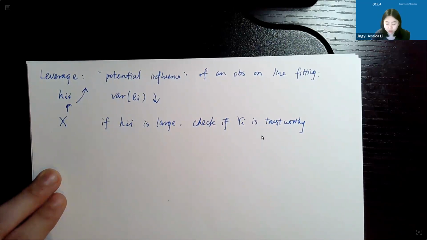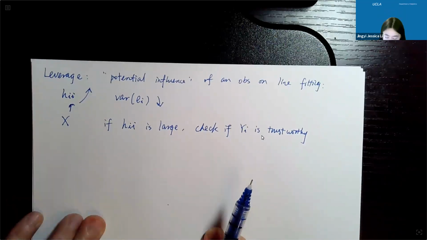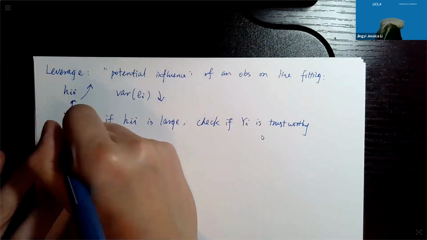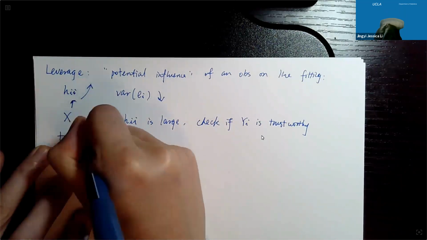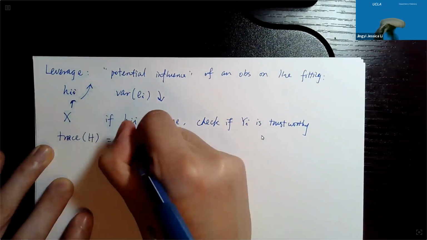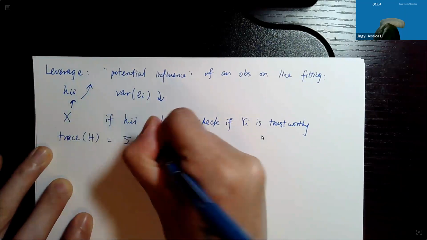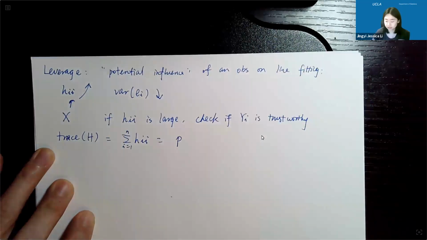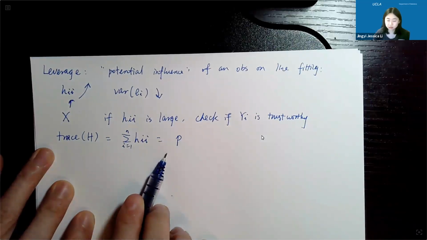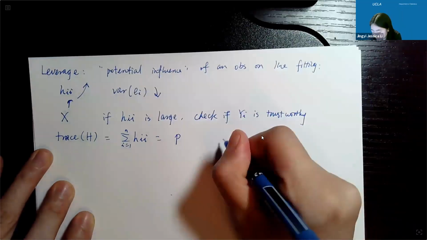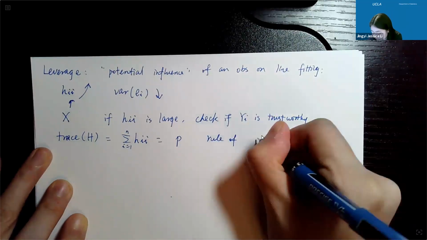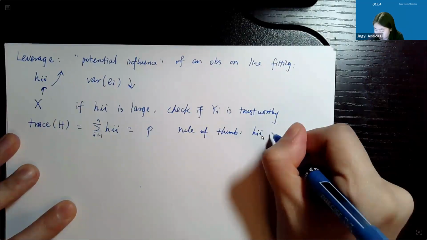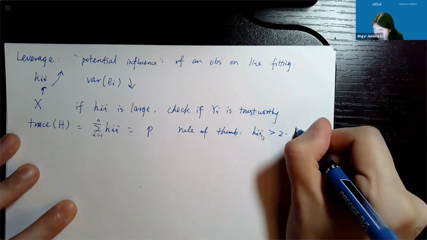Okay, so how do we think of a leverage as large or small? So we think of the trace of H. So trace of H, if you recall, is the summation of H_ii. And we know this is equal to p, right? So the total leverage is p. So here is another rule of thumb for practical consideration: check if H_ii is greater than 2 times p over n.